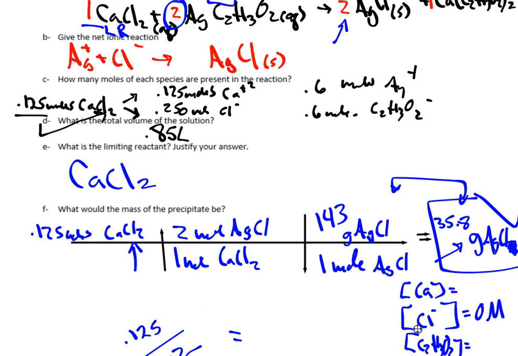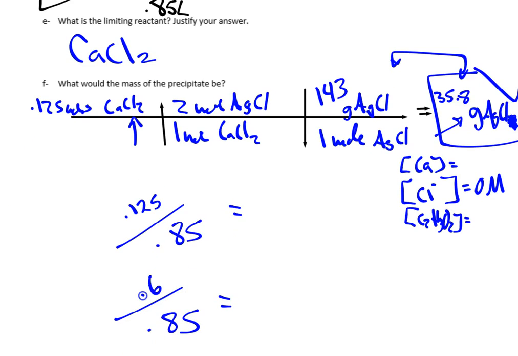And then the acetate was 0.6. So I do both those. 0.125 divided by 0.85 was... What's that? 0.147. That was calcium, right?